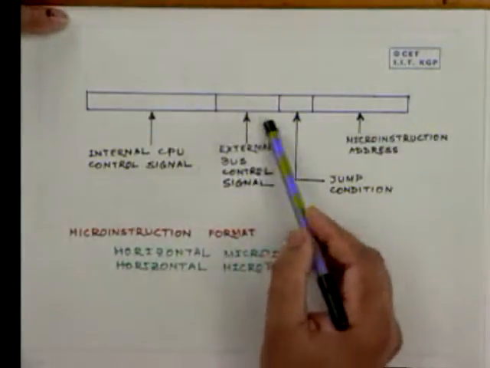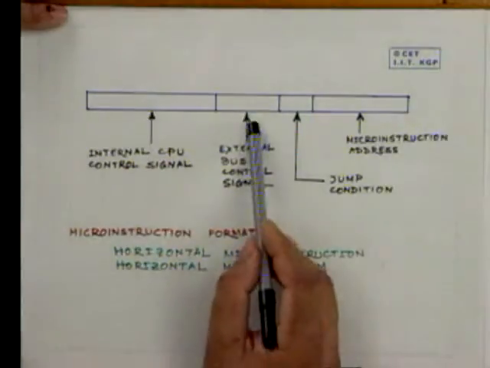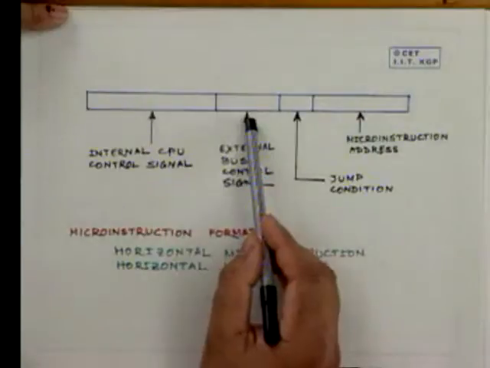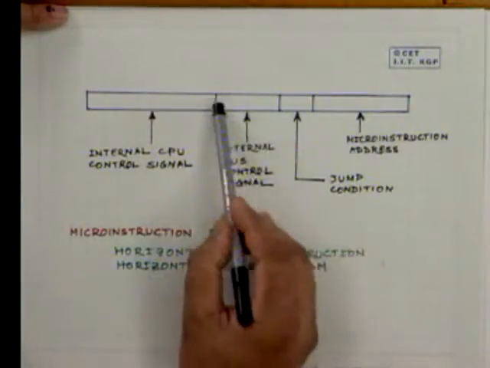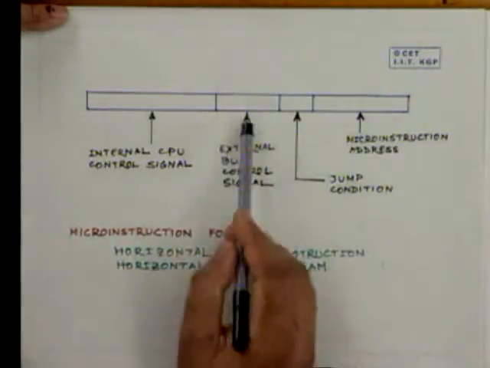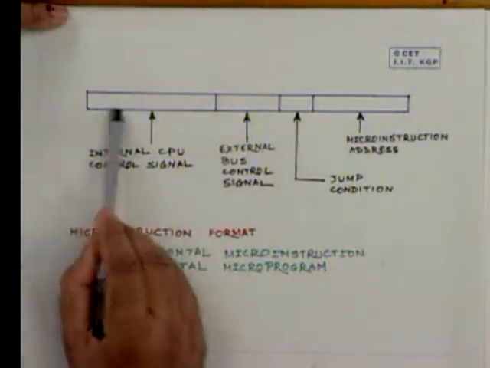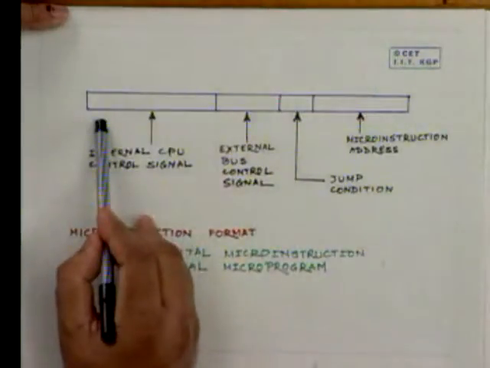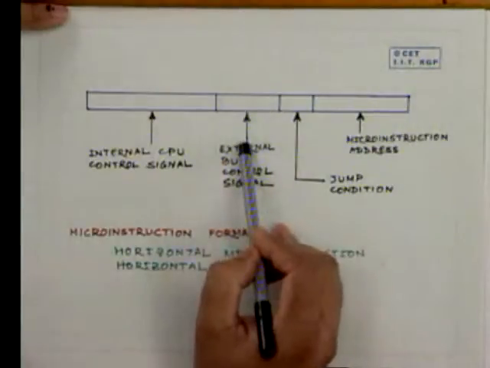It is supposed to send control signals to the external bus also, like say memory read, memory write, etc. Okay, the write done or data ready kind of signals are to be taken care of, right? Therefore, one field will control the internal CPU control signals, another field will control the external bus control signals.